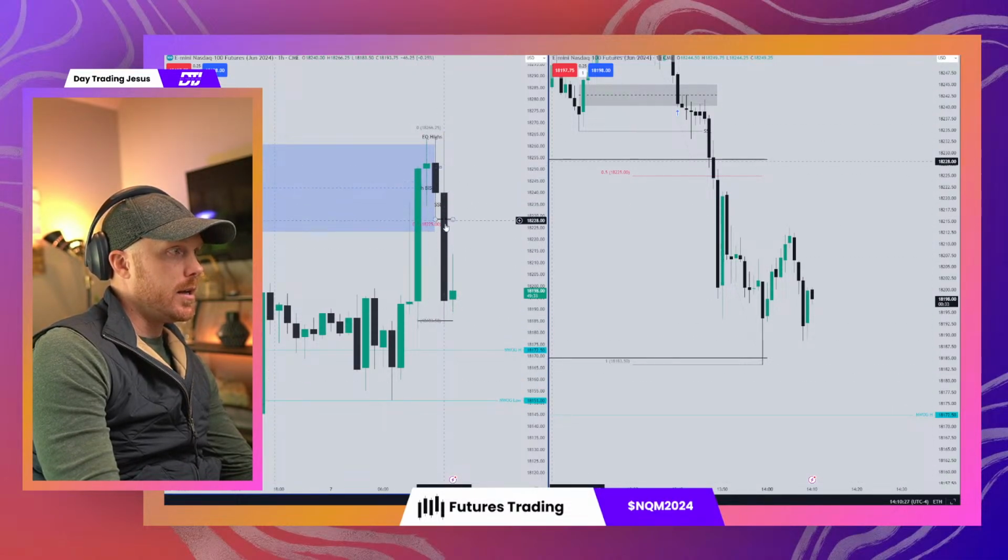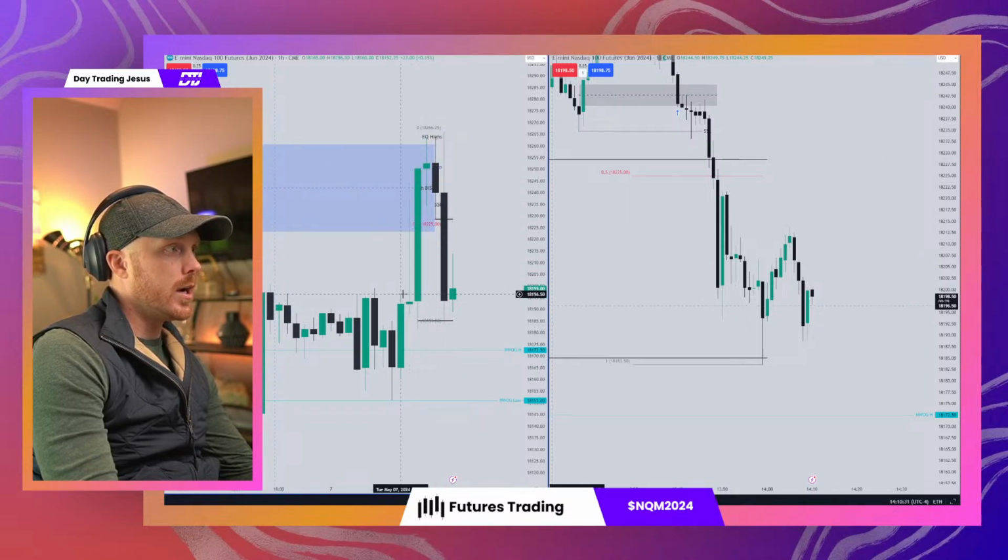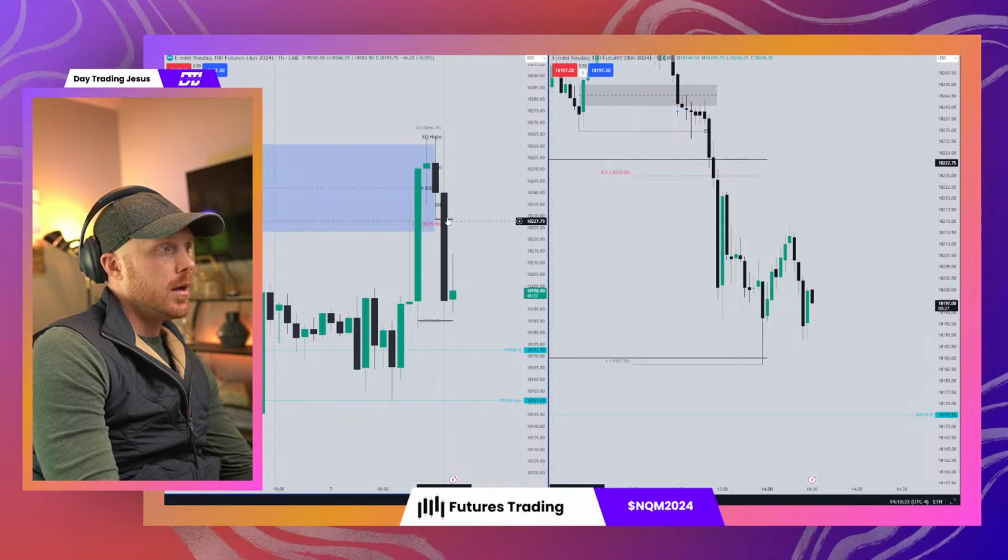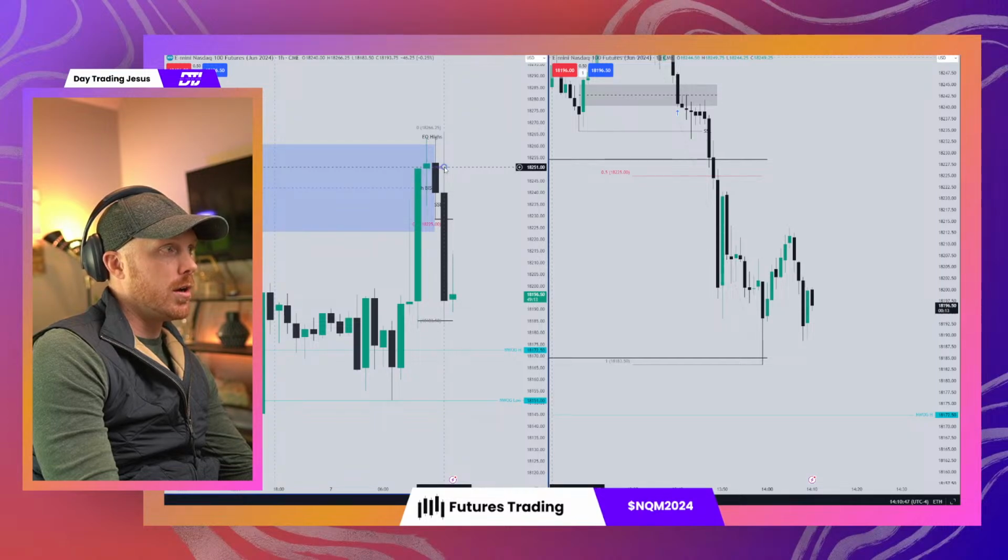So here is a BPR on the 1 hour time frame. And why is it a BPR? Well, we grabbed liquidity, we balanced a 1 hour fair value gap, and we had a giant candle go higher and a mirror image of that candle going down.